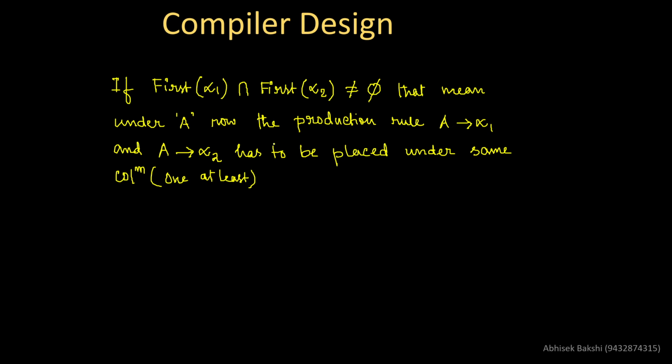So what I have to check is whether this is not equal to null or not for each and every alpha 1 and alpha 2. This is a way by which we can think about whether a particular grammar is LL1 or not. Let's take a very simple example.